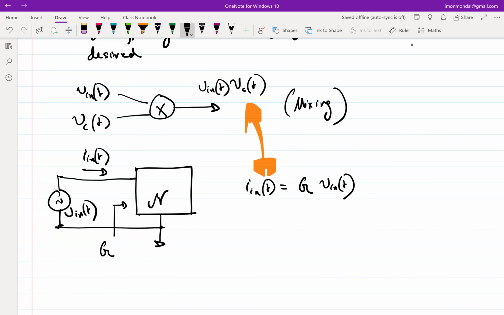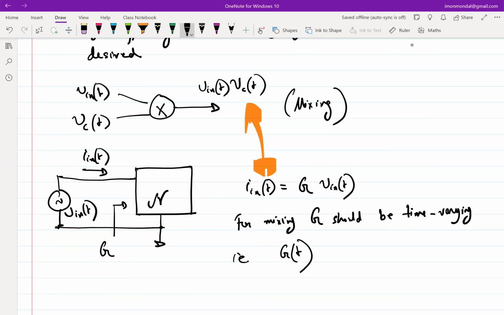Okay. So for mixing, G should be time variant, i.e., we need G of t, right?